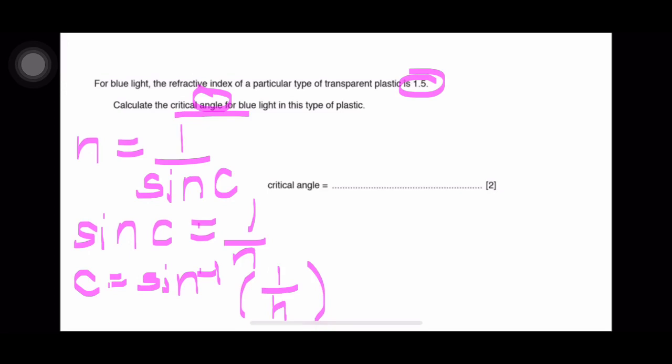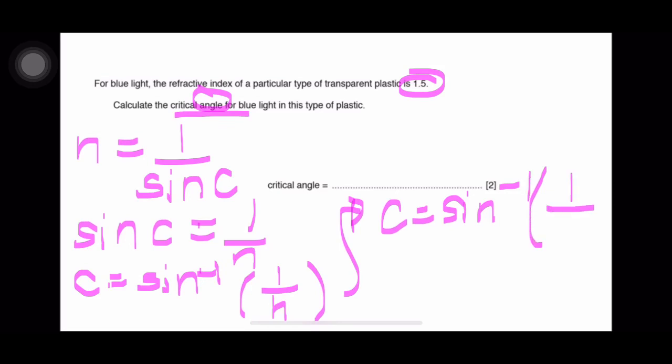So substituting, C is equal to inverse sine of 1 divided by 1.5, the refractive index. If you enter that in your calculator, finally we'll be able to get 41.8 degrees. So that's the final answer.